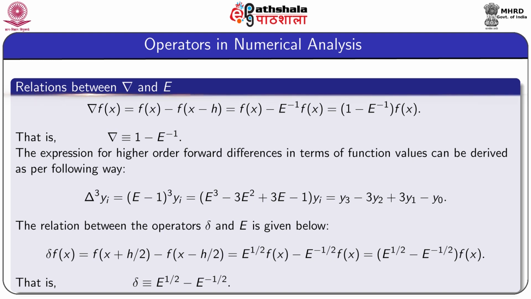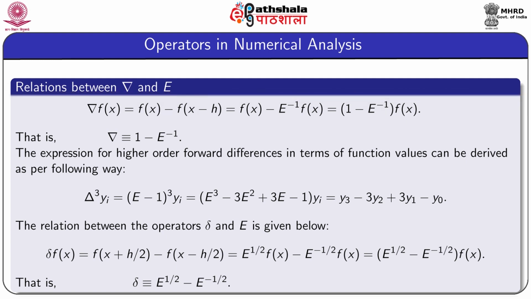Now, for the third order forward difference operator, that means Δ³y_i equals (E minus 1)³ y_i. After simplification, this expression reduces to y_3 minus 3y_2 plus 3y_1 minus y_0.